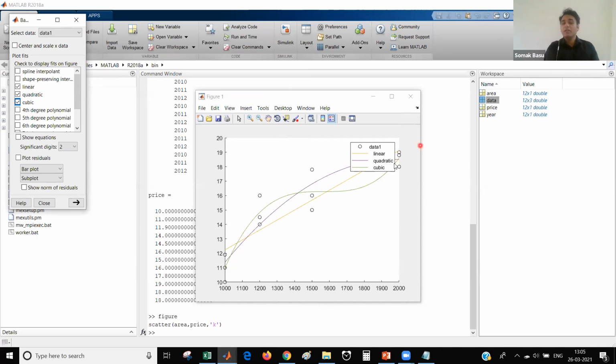So you can have a linear relationship, a quadratic relationship, that is a square, and a cubic relationship, that is a cube, third power. So this is how you can find the relationship between the price and the area of the houses.